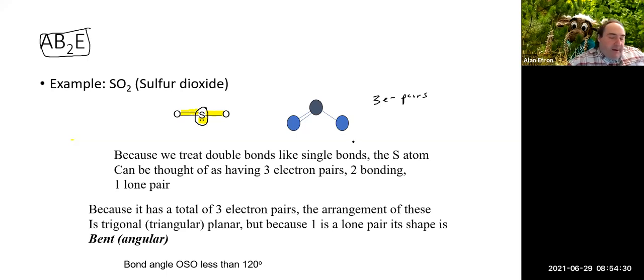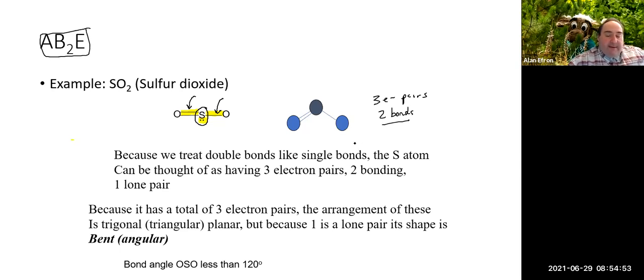Now, in terms of bonds, we have 1 bond here. Again, when dealing with a double or triple bond, it only counts as 1. That double bond there would also only count as effectively 1 bond, which means we end up with a grand total of 2 bonds in this particular case.